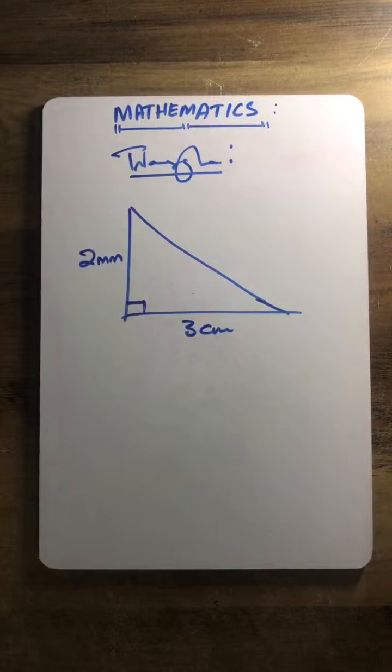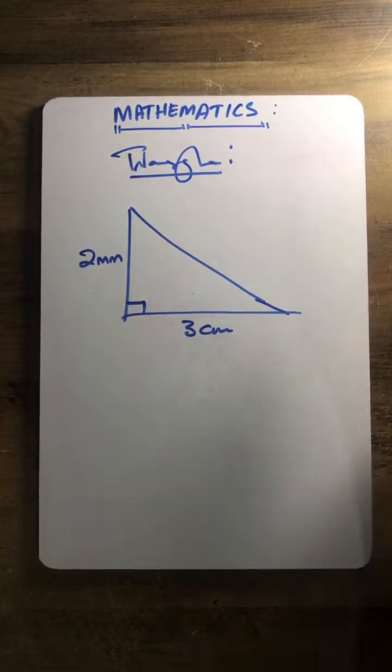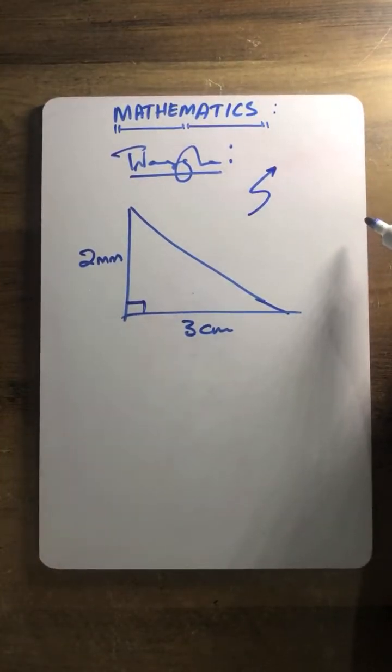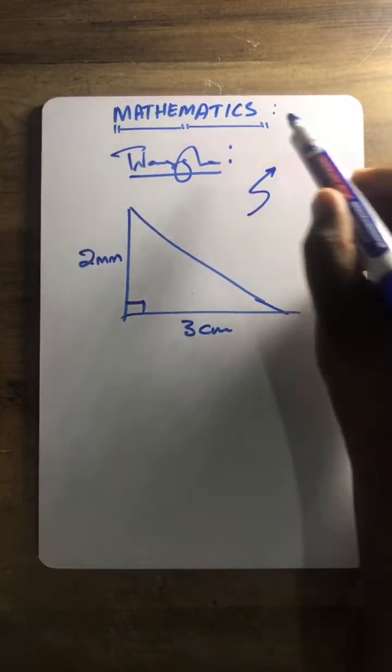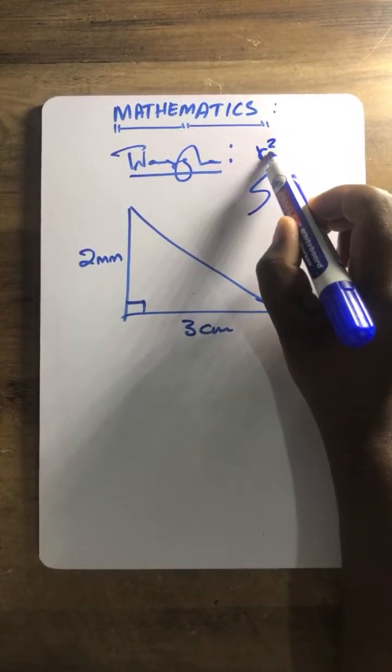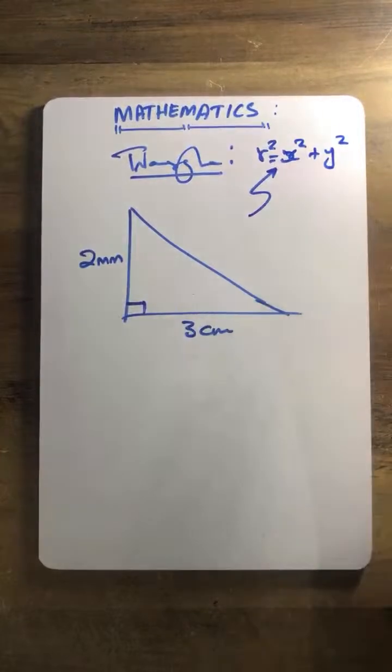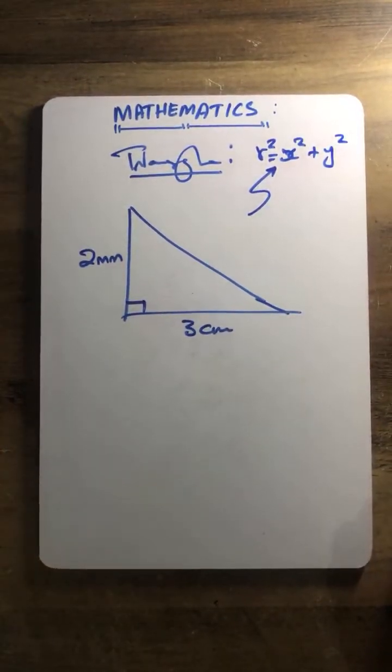Something that you should always know, honorable members, is that a right-angled triangle will always be associated to this formula, the theorem of Pythagoras. Always, a right-angled triangle will always be associated to that formula.